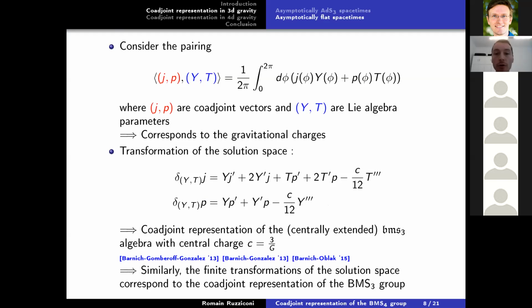Again, you can construct a pairing for this asymptotic symmetry algebra. And it corresponds again to the gravitational charge of the theory. So now when you look at the infinitesimal transformation of the solution space under this asymptotic symmetry algebra, you will find that it corresponds again to the coadjoint representation of the centrally extended BMS3 algebra with the following central charge.